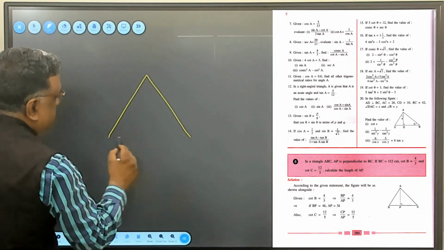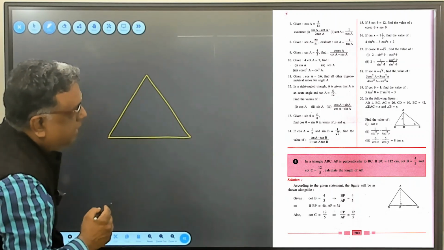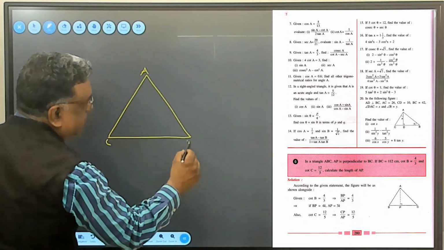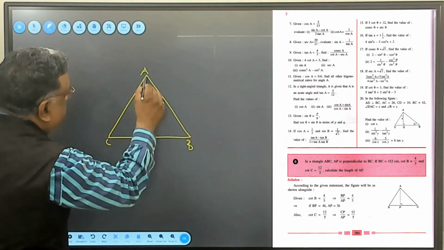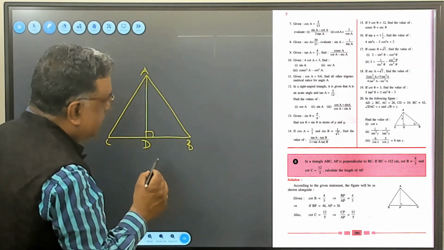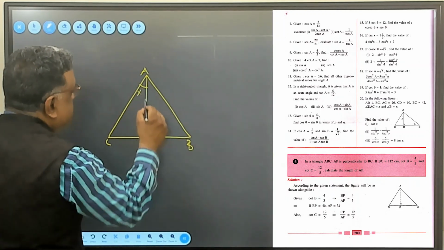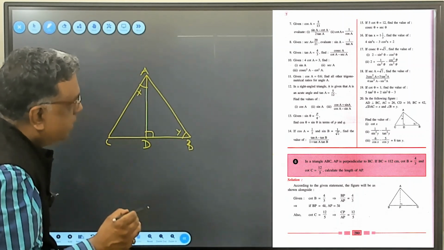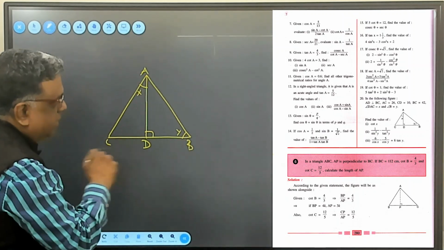So this is triangle ACB, and then there is a perpendicular altitude which goes here. This angle is given as X and this angle is given as Y. AD is perpendicular to BC.